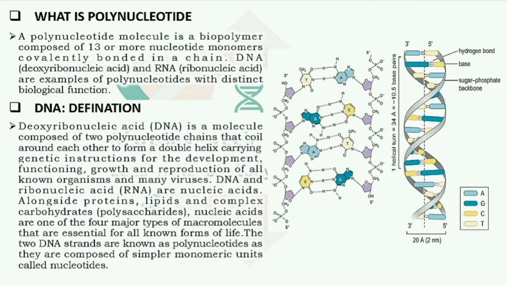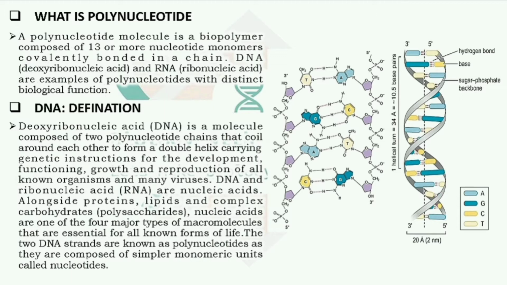DNA, which stands for deoxyribonucleic acid, is a molecule composed of two polynucleotide chains that coil around each other to form a double helix carrying genetic instructions for the development, functioning, growth and reproduction of all known organisms and many viruses. DNA and RNA, which stands for ribonucleic acid, both are nucleic acids.